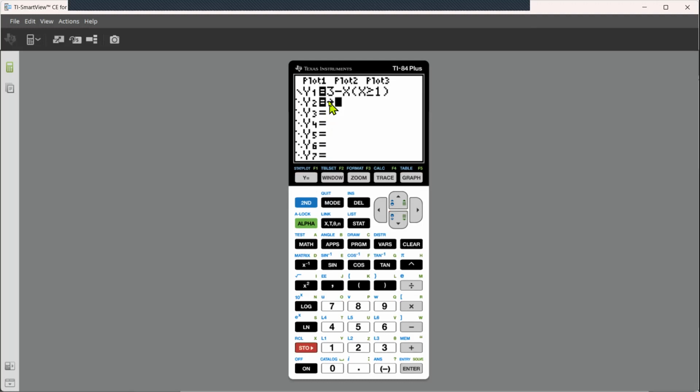X cubed. Oops. I always do that. I have a tendency to enter from the keyboard and forget that I can't do that when I'm on the emulator. X cubed. And then I'm going to open my parenthesis and say x.